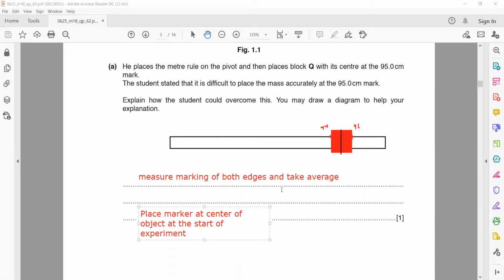So in both cases, the answer is correct. And when they say you may draw, it's better that you should draw. Maybe your explanation is not correct, so your diagram will give you the mark.